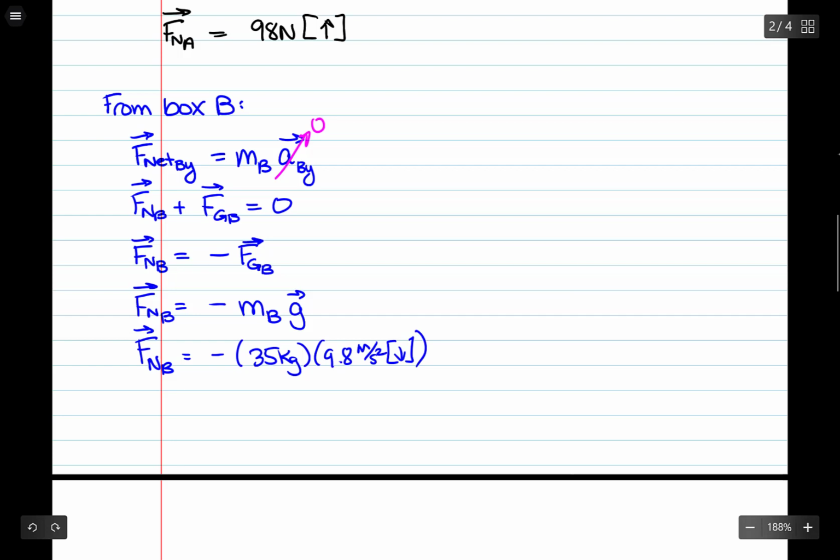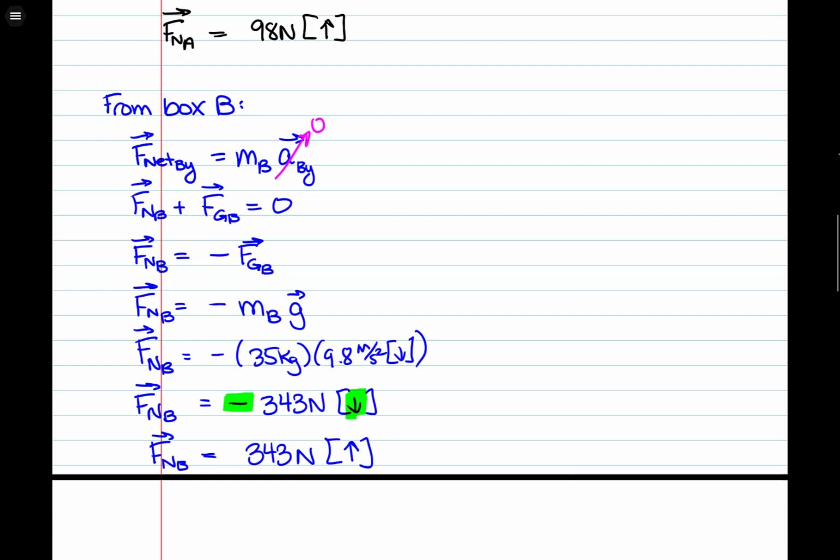All right, multiplying that through, we get a normal force on box B of negative 343 newtons, but that's downwards. Well, we have a negative and downwards, which means that normal force better be pointing upwards, and that's what we expect, of 343 newtons, and it's going to be upwards.